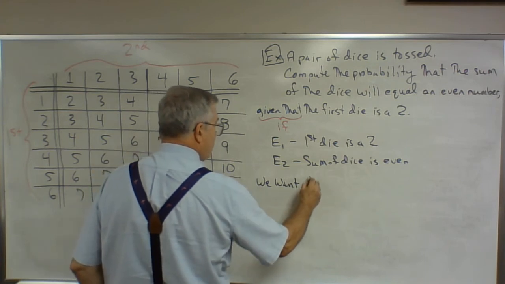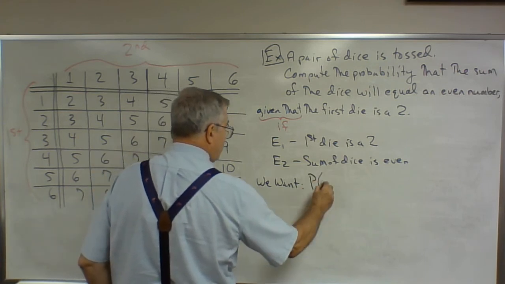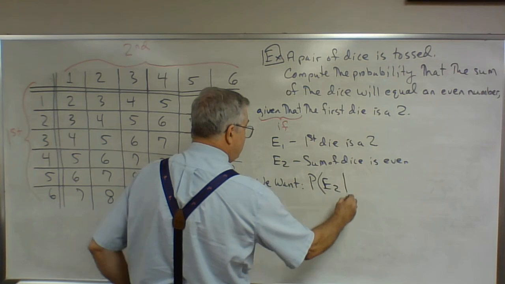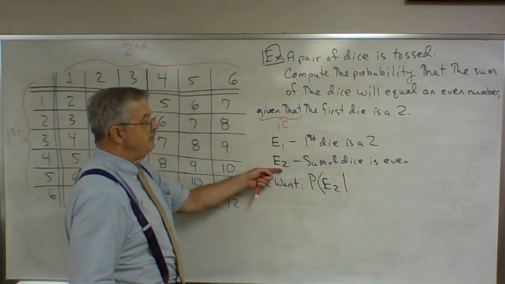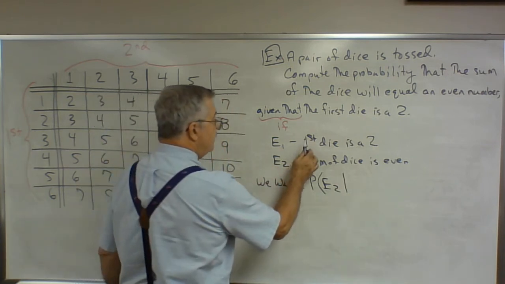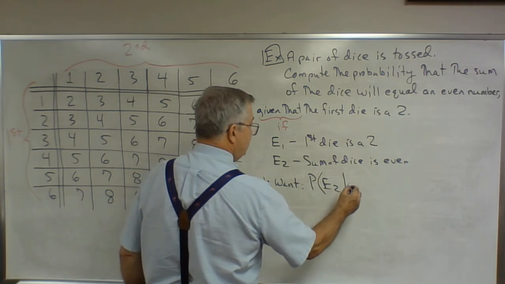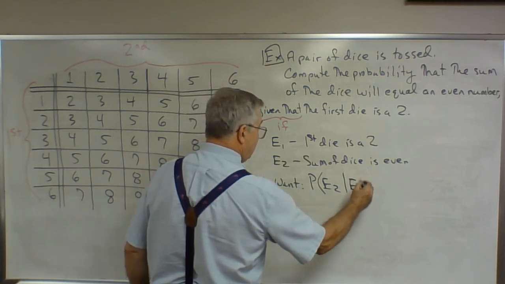And what we want is the probability of E2, the sum of the dice is even, given that the first die is a 2, E1.